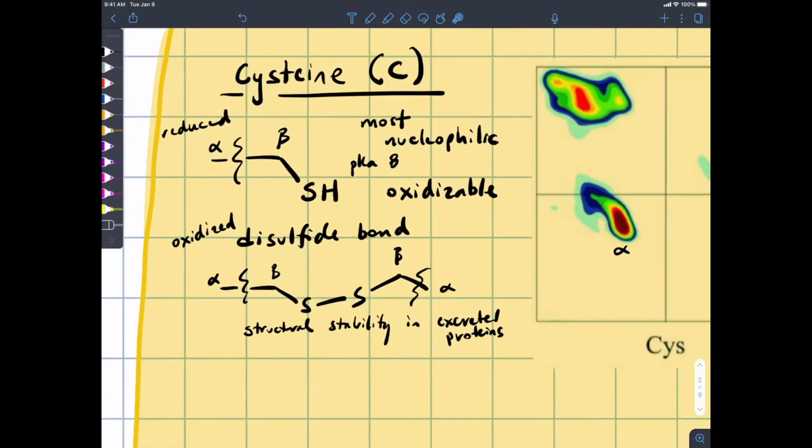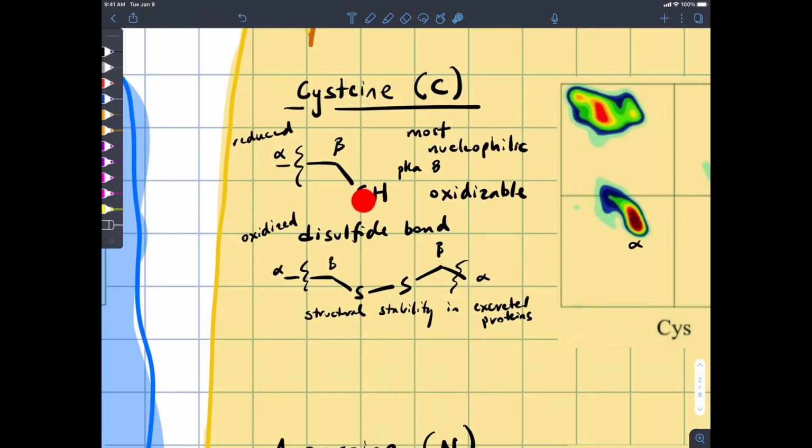But here is what can happen if you oxidize cysteine. It can make a covalent sigma bond with another cysteine sulfur. And we can talk later about how that's oxidized. But this is often a great way to make a cross-link between two different parts of a protein, and that can rigidify a protein structure and make it more stable.